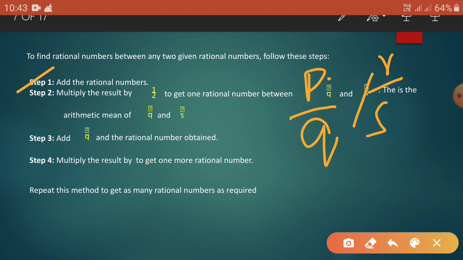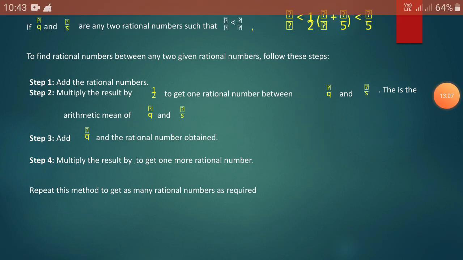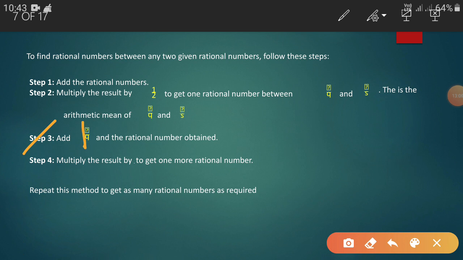So this is the arithmetic mean of p by q and r by s. Step 3 is to add p by q and the rational number obtained, and step 4 is to multiply the result by 1 by 2 to get one more rational number.